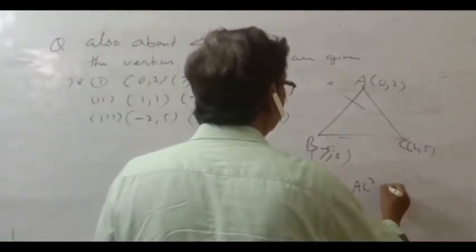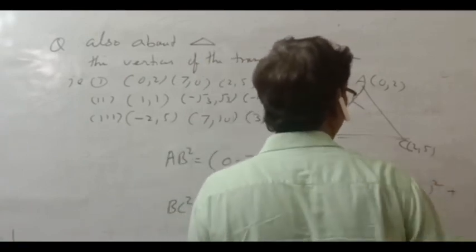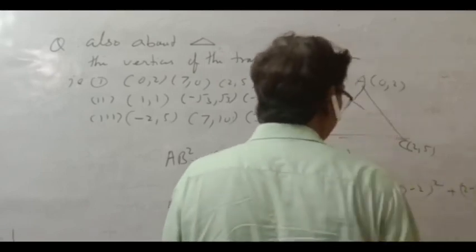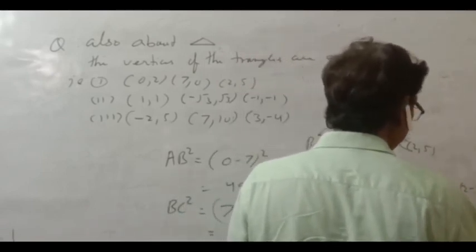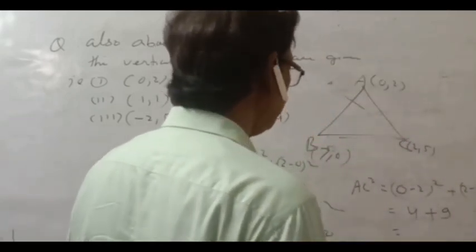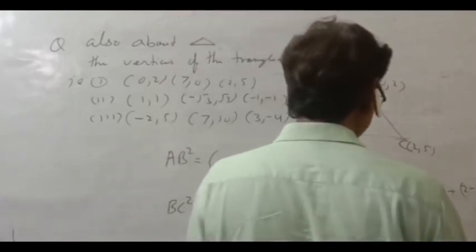AC square is 0 minus 2 square plus 2 minus 5 square, that means 4 plus 9, that is 13.